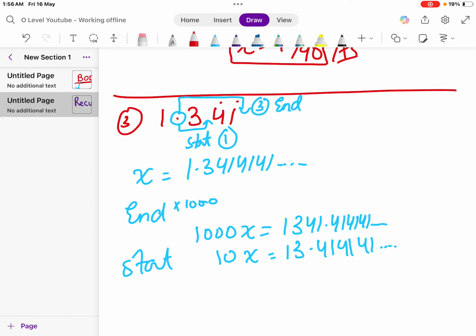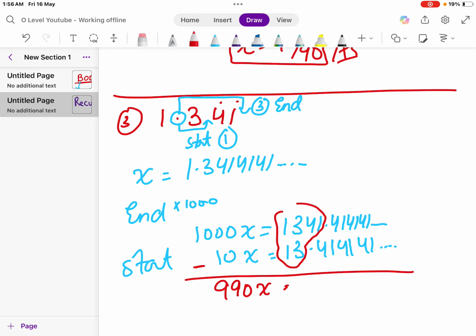Now we need to subtract these. This will become 990x. Now 1341 minus 13 will become 1328. Now 990 will go to the other side and divide.